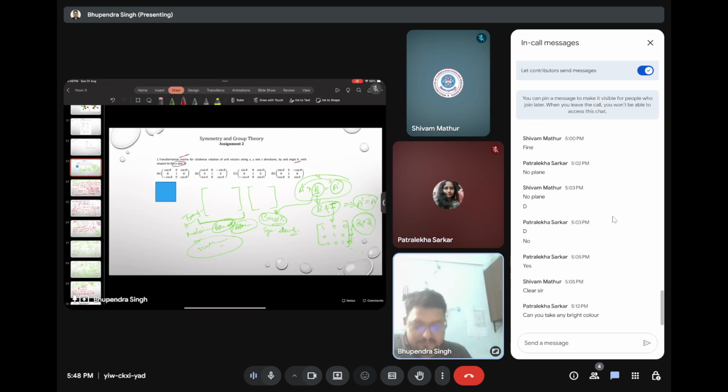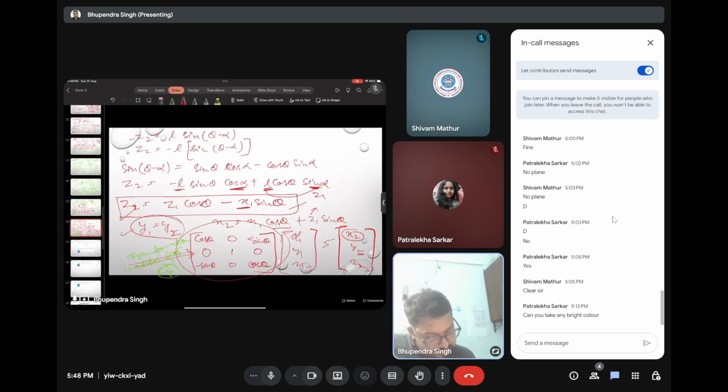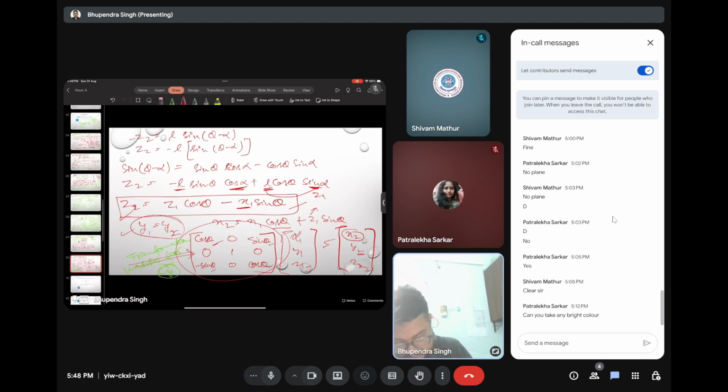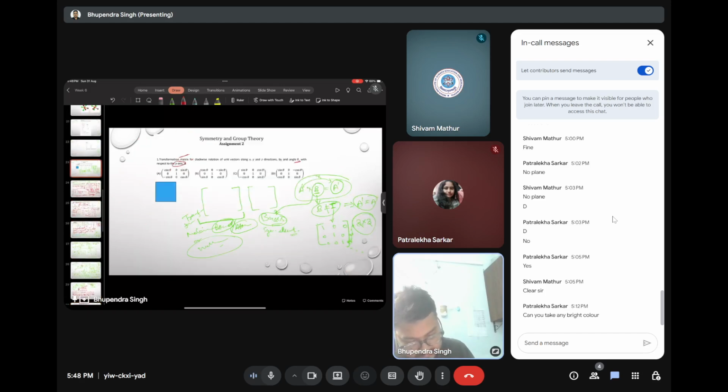This we have solved only. So what was the answer we got? Cos theta, minus sin theta, cos theta. Okay, I think this is the answer. So A is the answer.